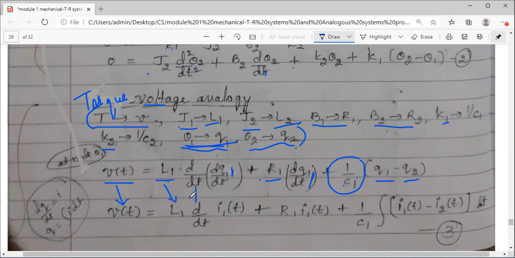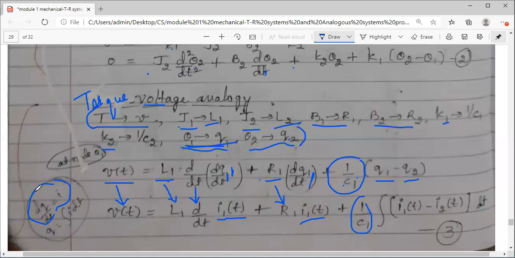L1 d by dt of, what is dq by dt? dq by dt is your current I. So I have written I1 of t. This subscript is important because two nodes are there, so don't forget that. It is I1 of t plus R1, as it is, d by dt of Q1, which is your current I1 of t. 1 by C as it is.